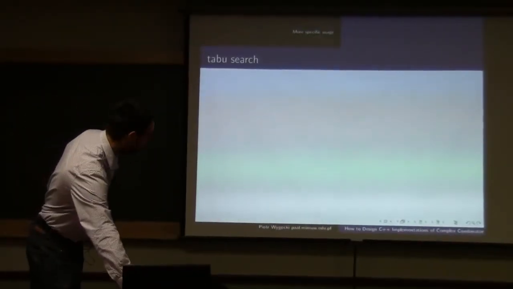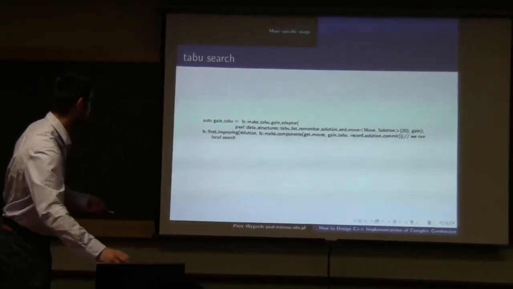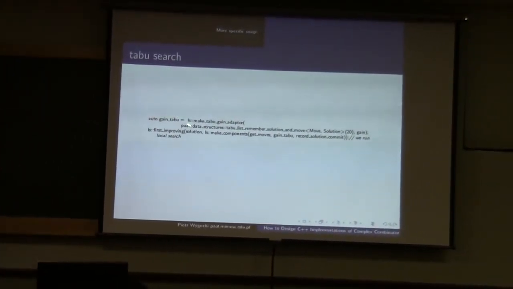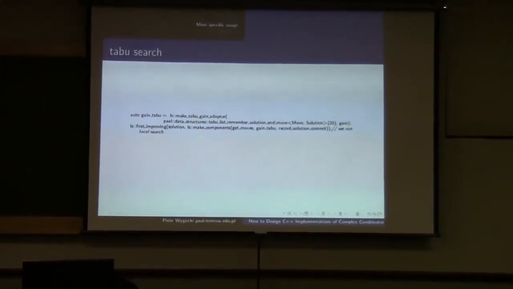So there is this Tabu search, and in the Tabu search, as I told you, you remember some number of previous moves, and you try to avoid them. That's all. You have to write another adapter, and it works.